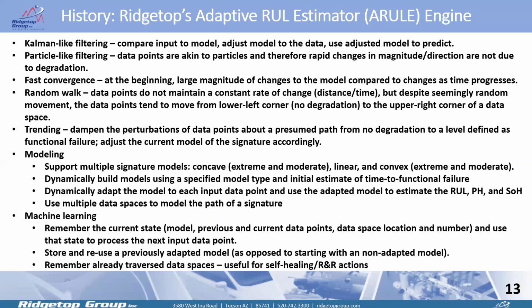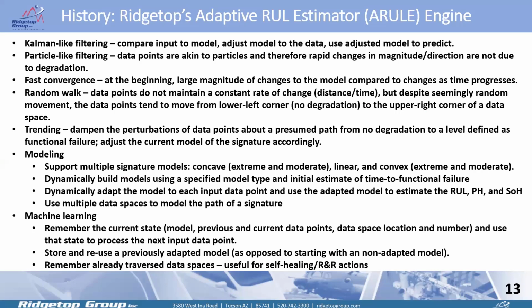What that says is that rapid changes in magnitude and direction are not a true reflection of degradation, because degradation is not instantaneous. Like when you put water on a stove, it doesn't instantly boil. Degradation, or the measured data, should not have rapid changes in magnitude or direction. That is a function of your measurement system.